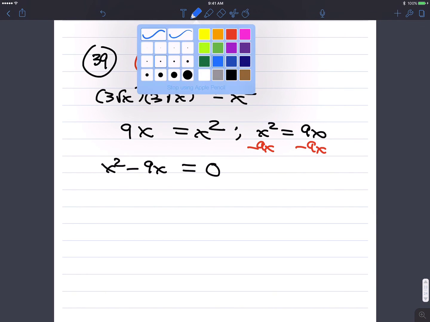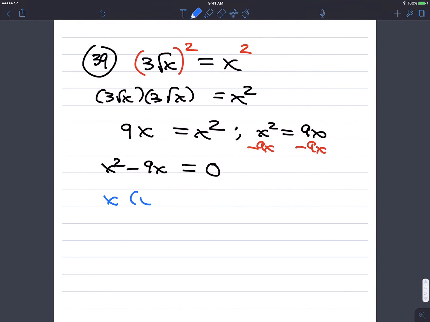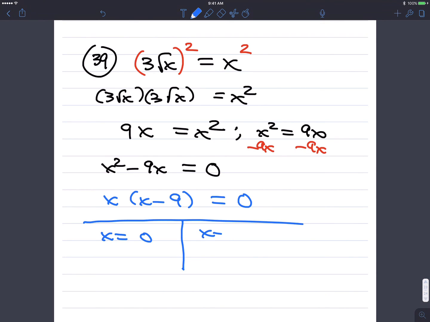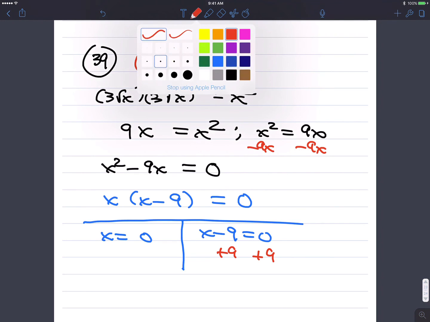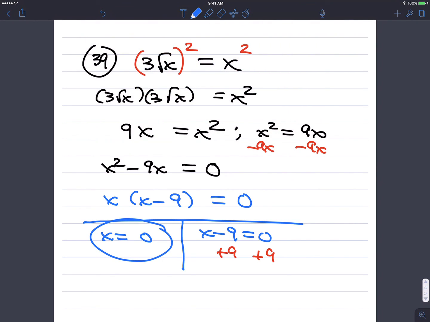Maybe we should change your color here. X times x minus 9 when you factor. Zero product rule: x is 0, x minus 9 is 0. Add your 9 to both sides. We know x is 0 and x is 9.